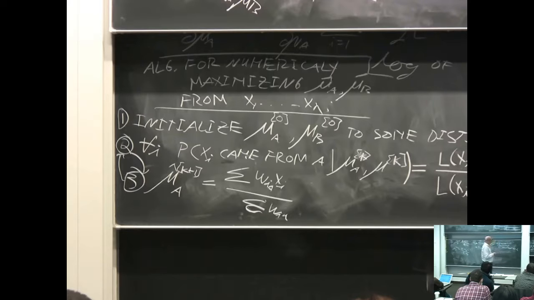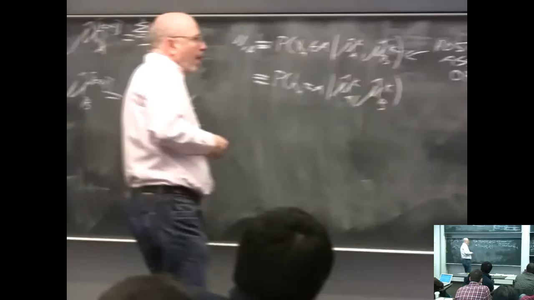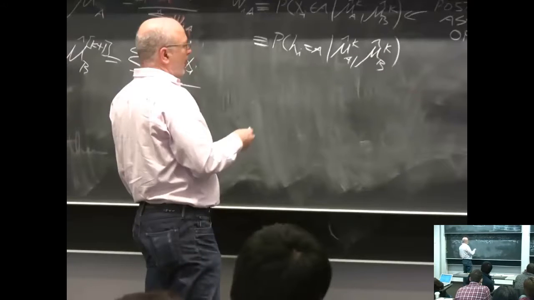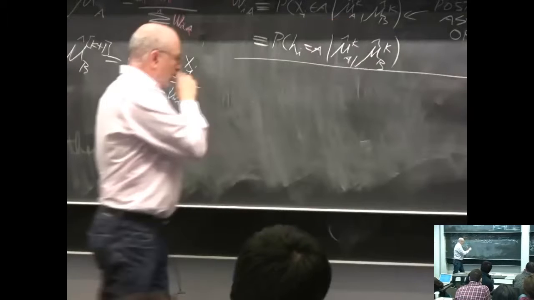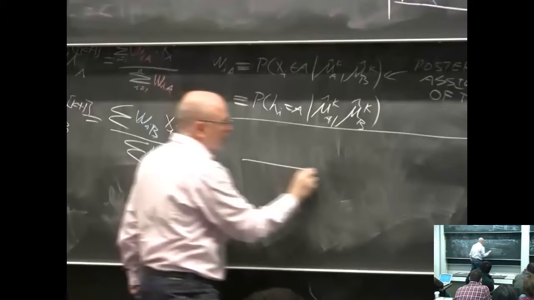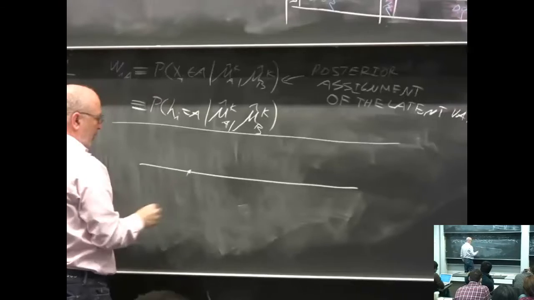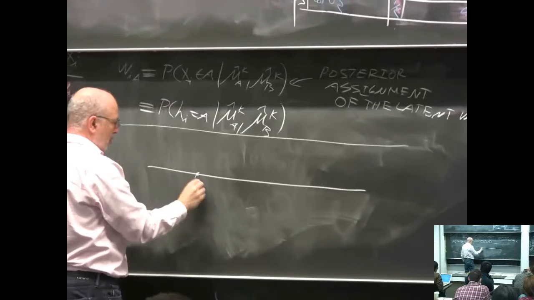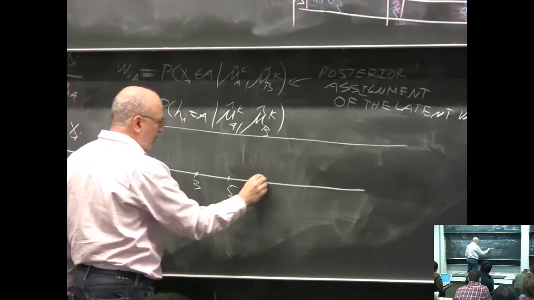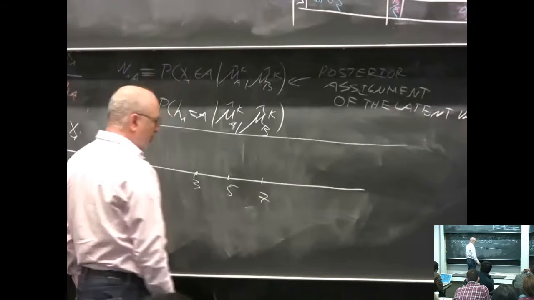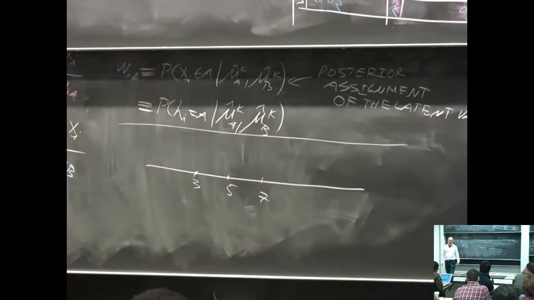Maybe we should do a simple example. Let's start with, here's the x-axis, and we have a point at 3, a point at 5, and a point at 7. So we have x1, x2, and x3.